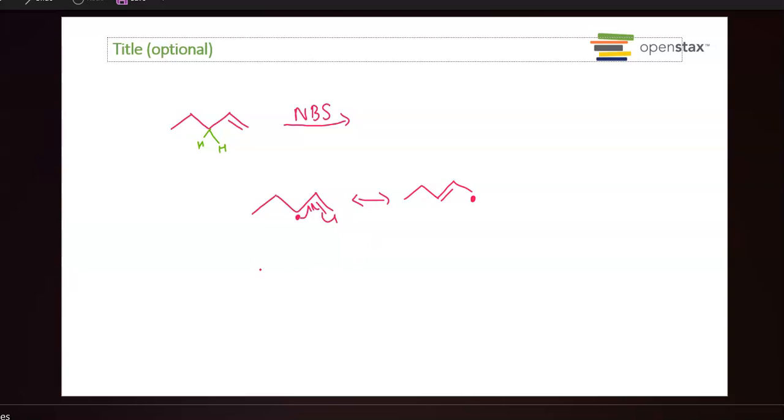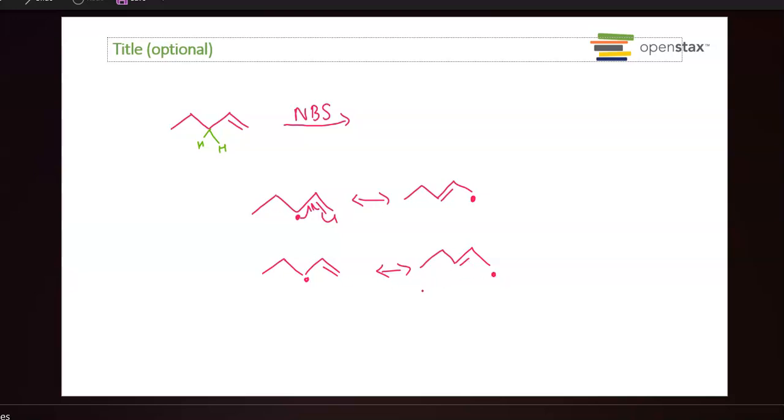Now, if the Br radical forms a bond here, then let's redraw the two radicals without any arrows. So we have this radical with the double bond here, the first allylic radical, and then the second is where it has moved, here.